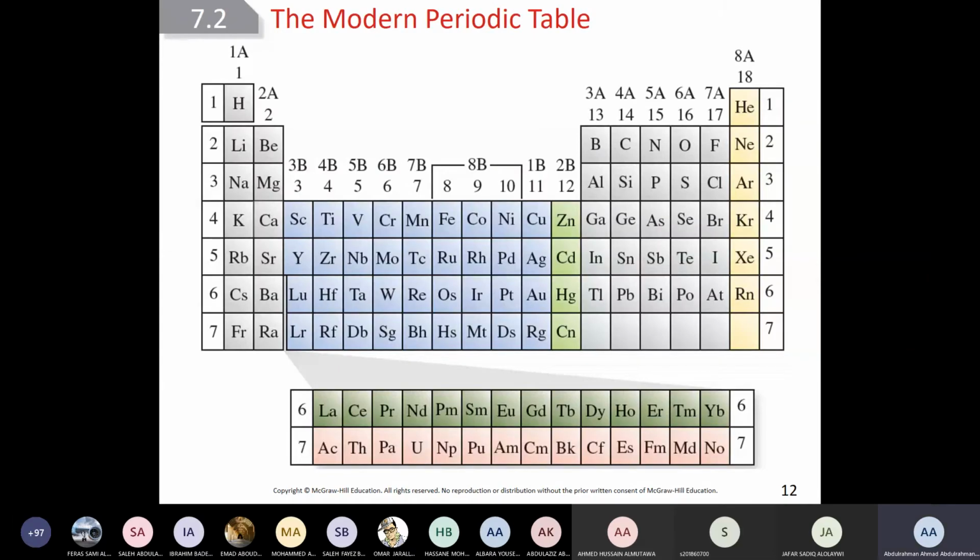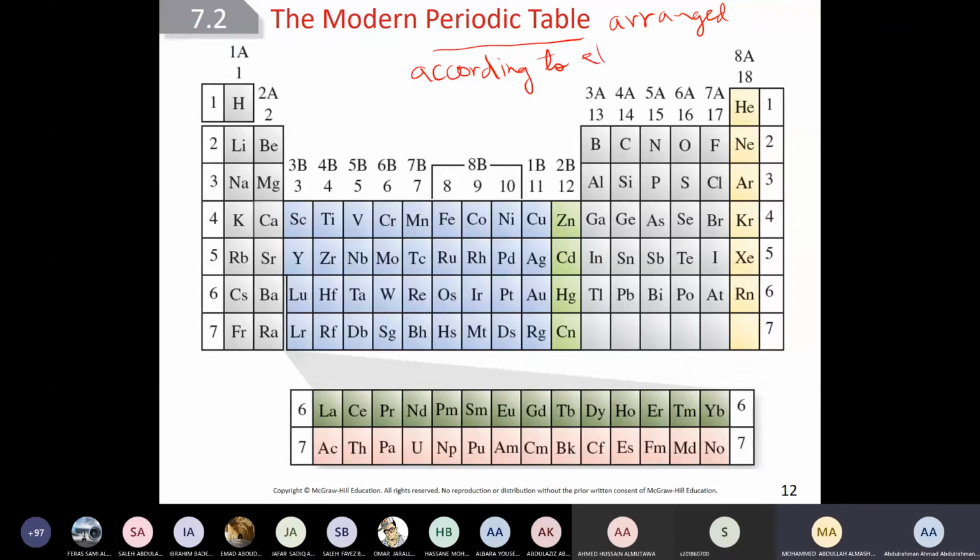Now, as I said in the last lecture, all these things are according to the structure. The periodic table is arranged according to what? To electrons.